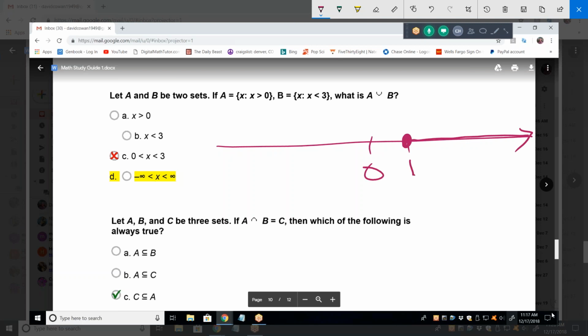And combine it with all numbers less than or equal to -1, and that's what that set would look like. Well, if I combine those two sets, it's got all real numbers except from -1 to 1. So this interval right here would not be in the union of A and B.